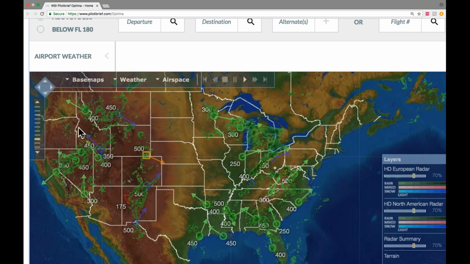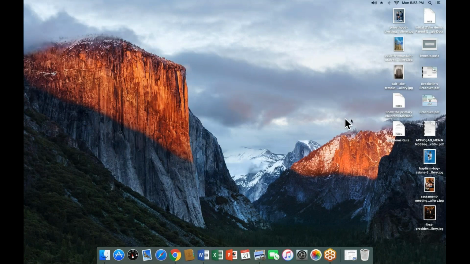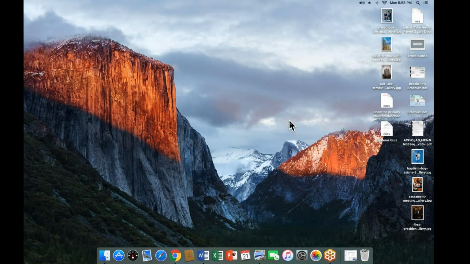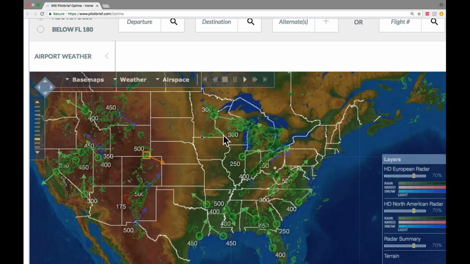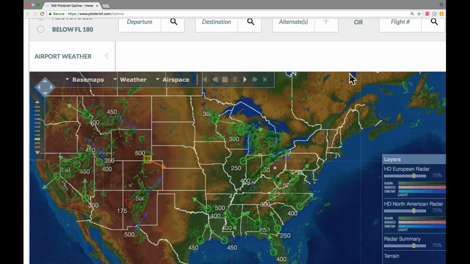But what's important to remember about these lows and highs as well is that, let's say that we have a low over here.